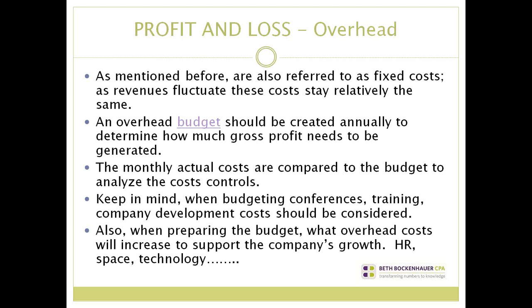How much is my rent going to cost? How much is the software going to cost that I need? How much are the desks, the software as a service, or the dues and subscriptions? When I get that number, I need to ask myself, how much gross profit do I need to even break even? So we can back into our sales number this way.